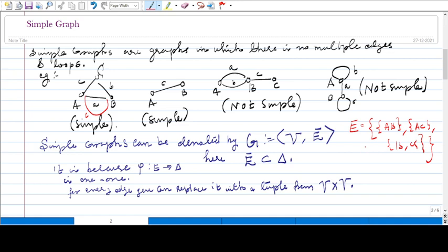For simple graphs, the possible edges are the two element subsets of delta. So very easily you can define a simple graph. We will be working on simple graphs to understand the interaction between algebra and graph theory. It is not difficult to transfer it to the general case.